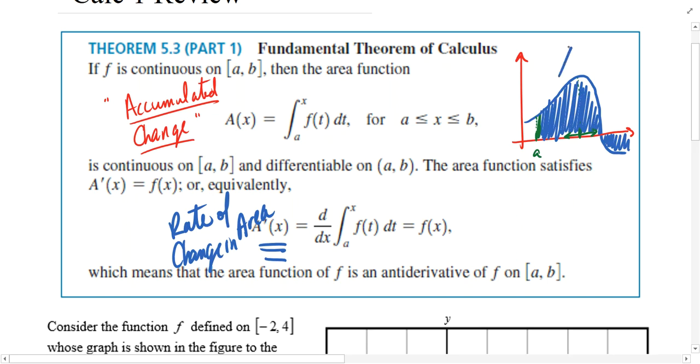So area is increasing to this point, and then it decreases starting at this position. What you may also notice is that because this function itself is decreasing, the rate at which the area is growing is much slower at this position, right? As the height of that function drops, the amount of extra area that we accumulate grows at a smaller rate.